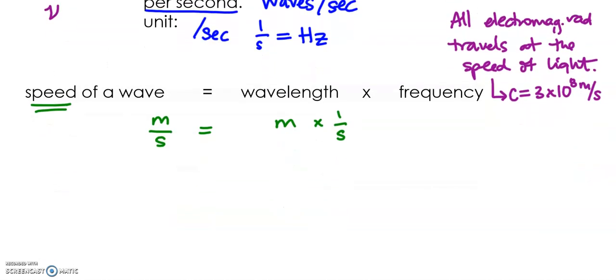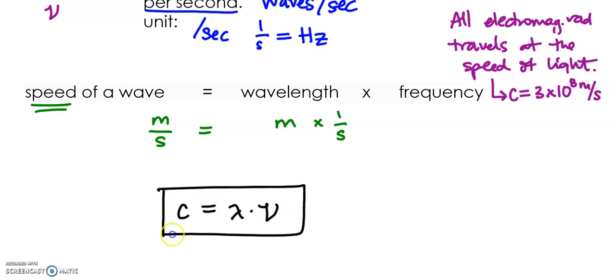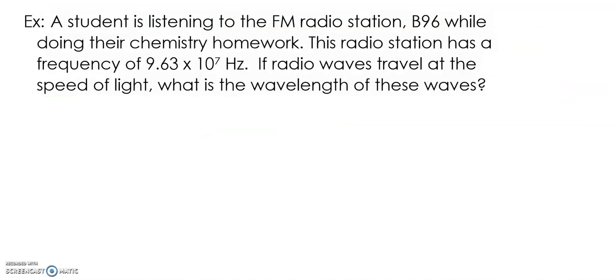So when it comes to our equation, all these are traveling at the speed of light, so we're going to use C equals wavelength times frequency. This equation is very important, as is what C equals, our speed of light. So let's use these in a problem. It says a student is listening to an FM radio station.